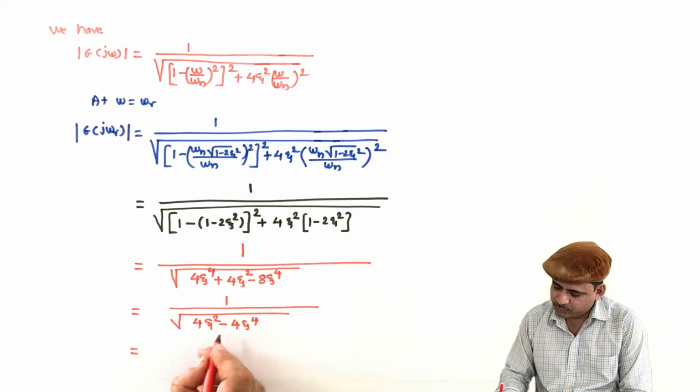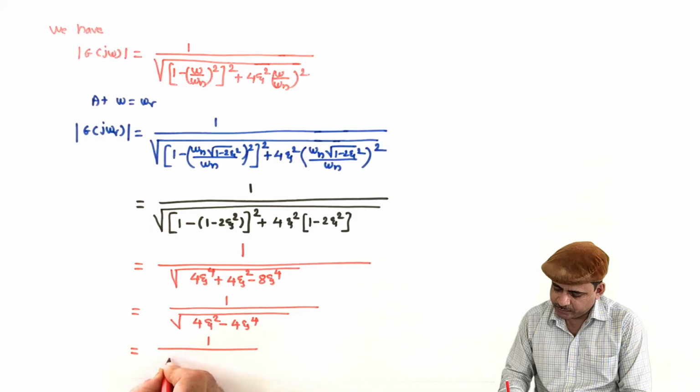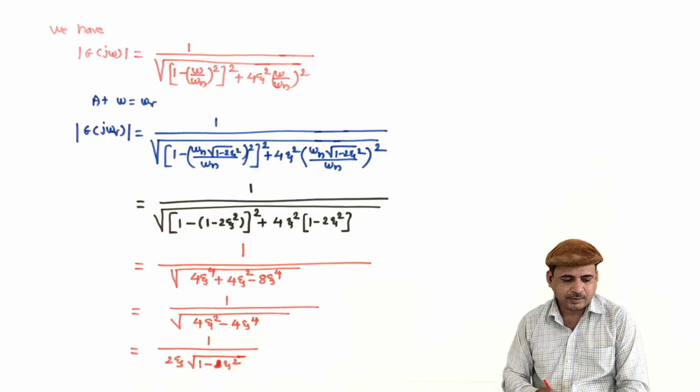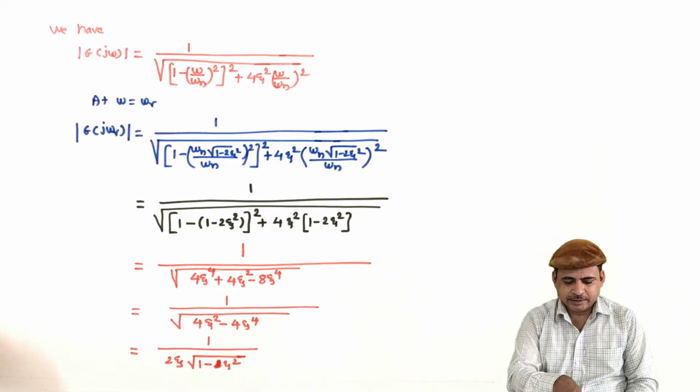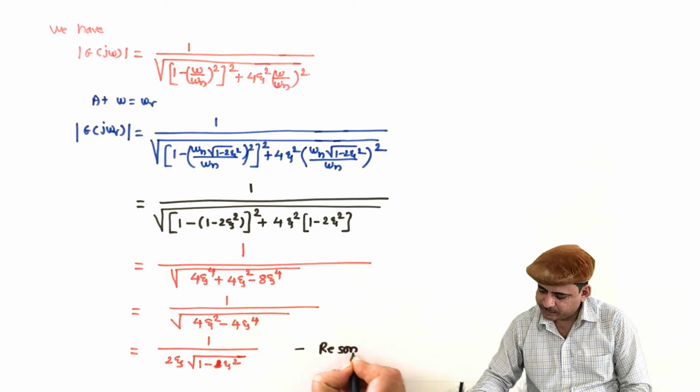So this will be equal to, 4 zeta square we will take common, so it will be 1 upon 2 zeta under root 1 minus zeta square. And this is the expression for resonant peak.